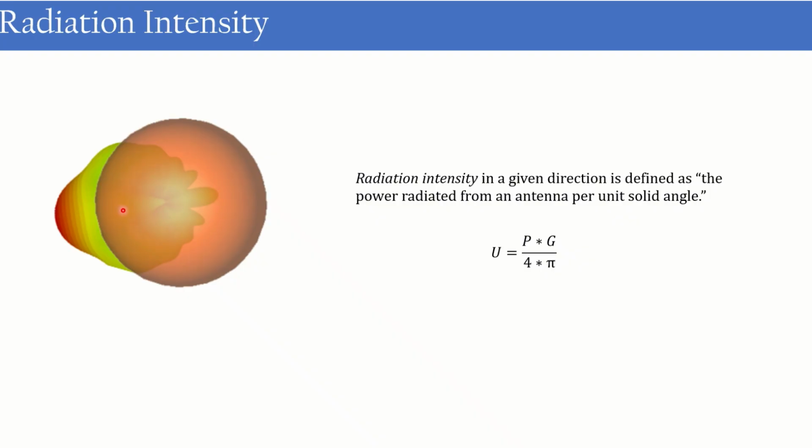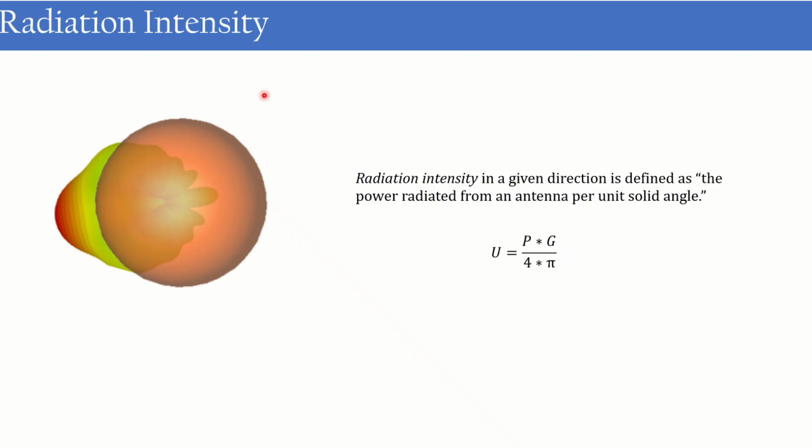The total solid angle is 4 pi. The power radiated from the antenna in a particular direction depends upon the gain of the antenna in that direction. So the radiation intensity is defined as P into G by 4 pi, where 4 pi is the solid angle.